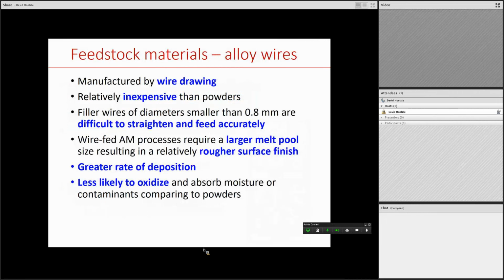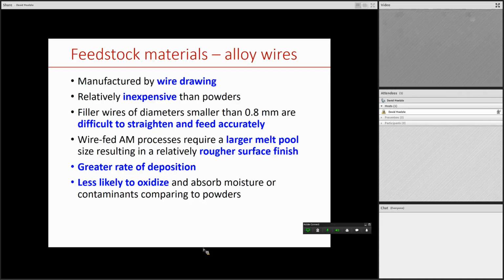Another typical feedstock material is alloy wires. It's typically manufactured by wire drawing, and it's relatively inexpensive than powders. But the wires with very small diameter is difficult to straighten and feed. So typically we use a larger diameter than 0.8 millimeter, which makes the melt pore size larger and will result in a rougher surface finish.